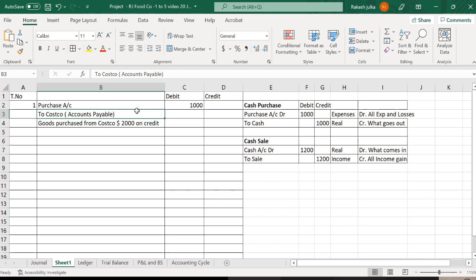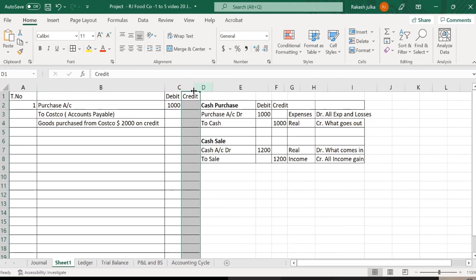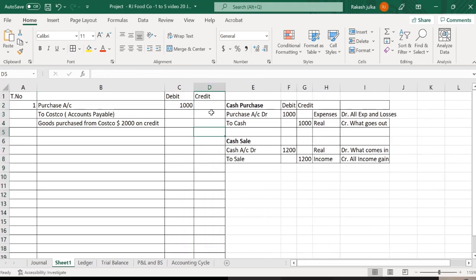I've just written in brackets accounts payable, to make myself aware that these are our accounts payable. Purchase is expenditure and that is increasing. If expenditure is increasing, this is debit.